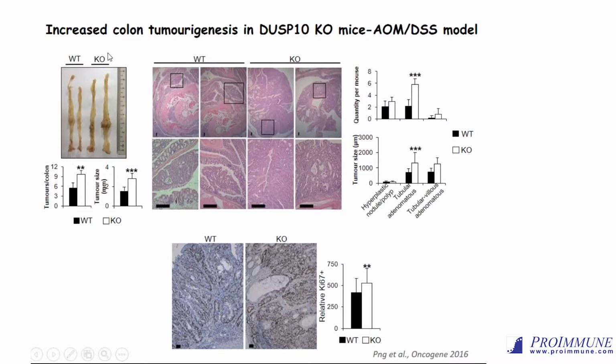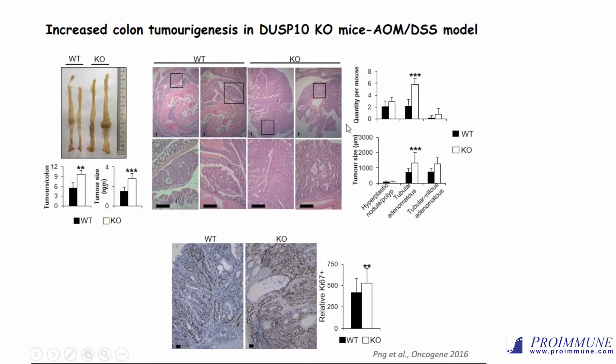As shown here, the wild type mice can form colorectal cancer in the colon. In contrast, the knockout forms many more tumors, and these tumors are at a more advanced stage. You can see this in this histological picture. In the wild type picture, the small area highlighted here is the entire tumor.